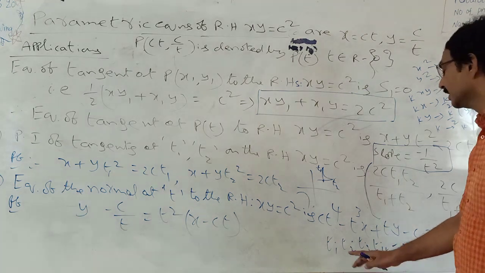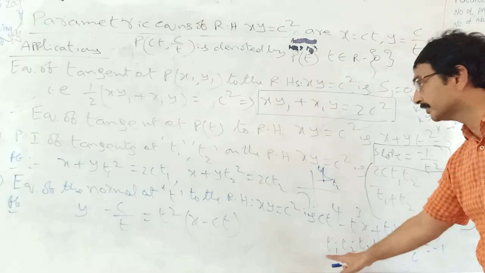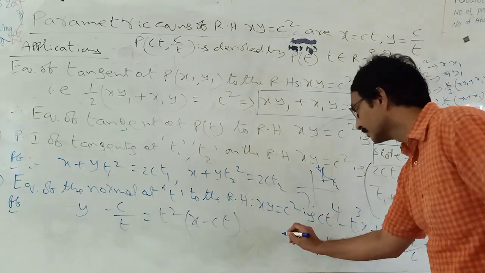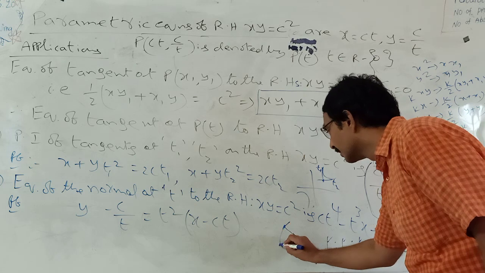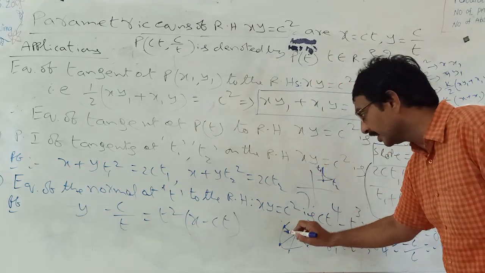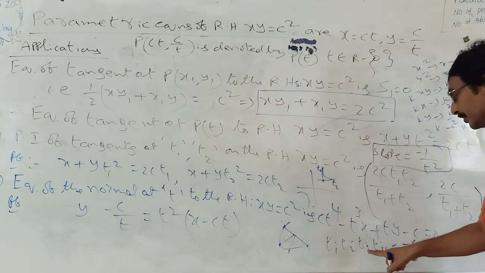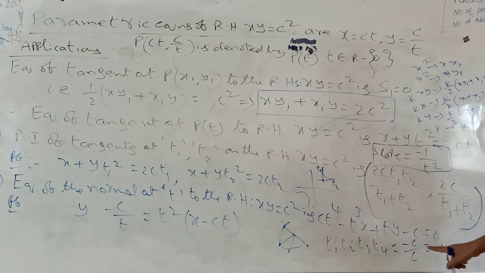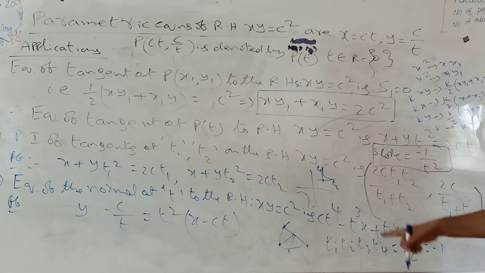So learn this by heart: if t1, t2, t3, t4 are the feet of the 4 normals of the rectangular hyperbola, then t1 into t2 into t3 into t4 is minus 1 for any rectangular hyperbola xy equal to c square. Its value is independent of c square, that means it does not depend on the value of c square.